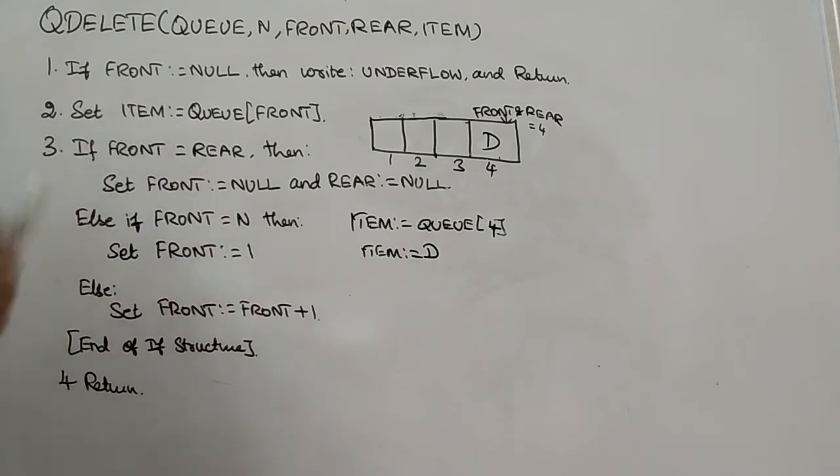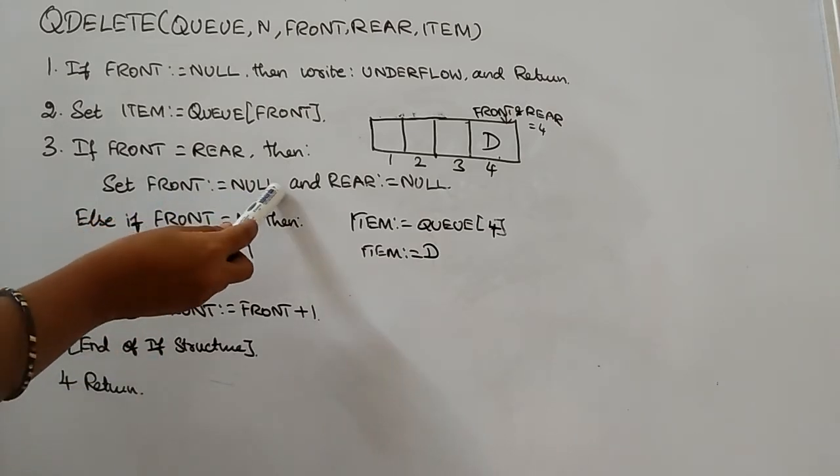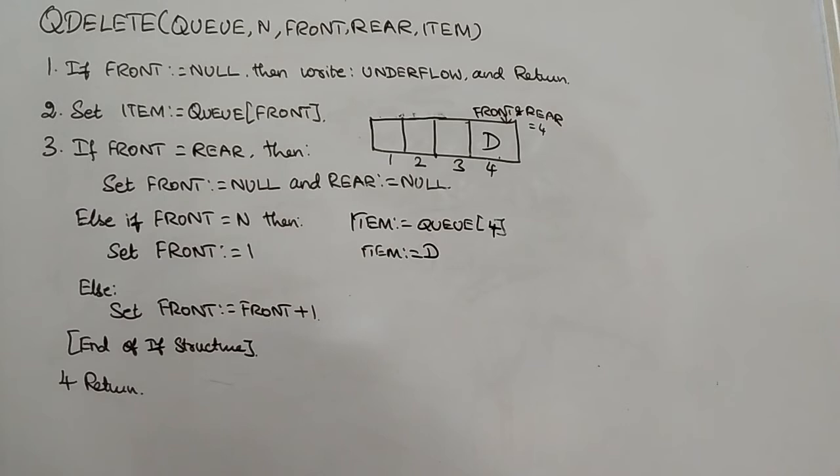Then it will check the condition: is front equal to rear? Yes, here also front is equal to rear. It means if I remove this element, then you will get front := null and rear := null.